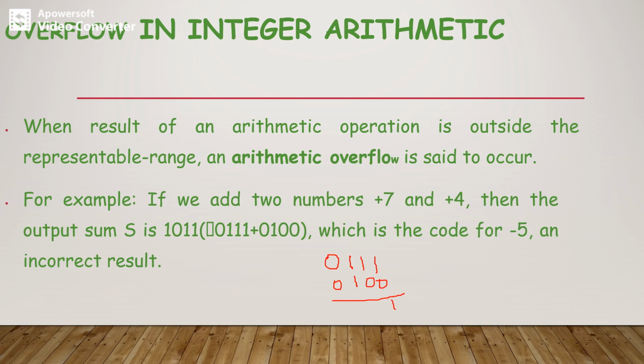So I can compute the sum 1, 0, 1, 1. Here I can say that this is the code for minus 5, an incorrect result. So this is equivalent to minus 5, and the value 7 plus 4 I should get as 11, but the actual computed value is equivalent to minus 5.